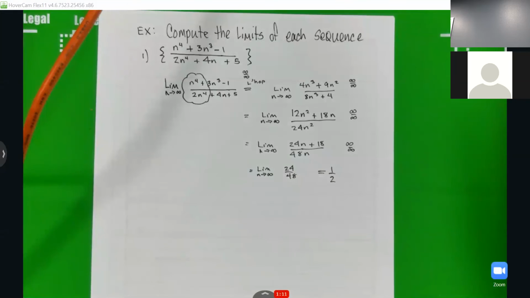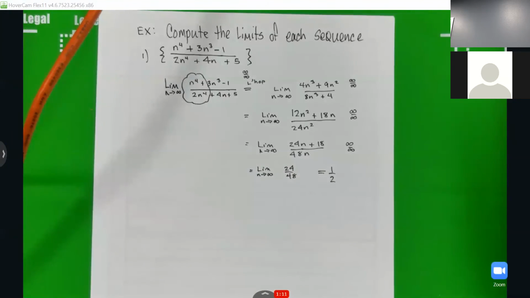What was the pattern if the degree on the bottom was bigger than the degree on the top, and n goes to infinity? It goes to 0 if it's got a bigger power on the bottom. If the bigger power is on the top, it will always grow faster than the bottom. So it's going to go to infinity.